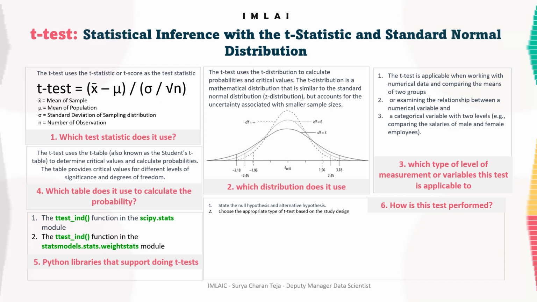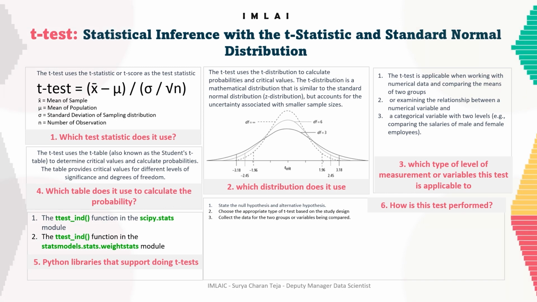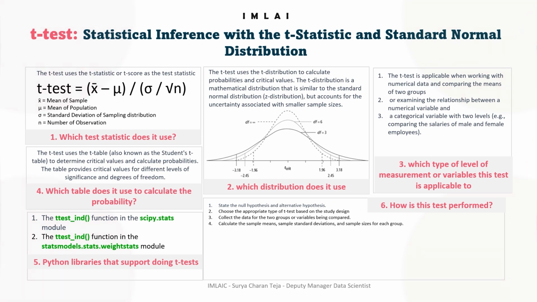Okay. And the third step, once you have decided what type of test you want to go with, it's time to collect the data for the two groups or variables being compared. Calculate the sample means, sample standard deviations, and sample sizes for each group.